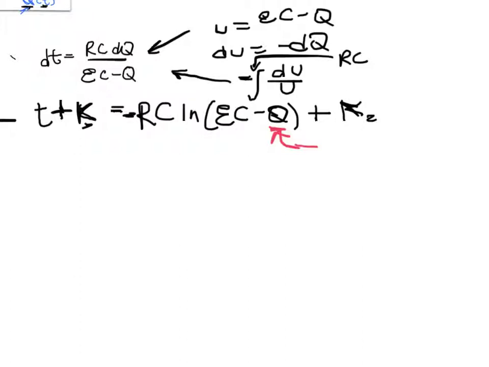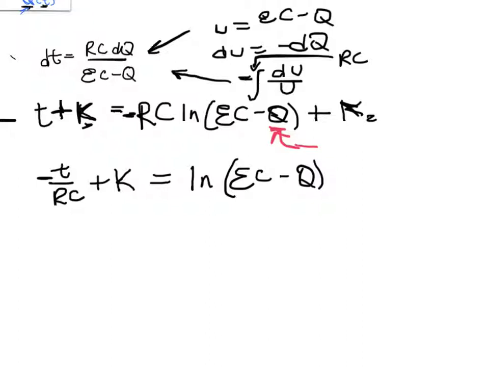Okay, so I'm going to bring the RC over, and so I'm going to get negative t over RC plus K. Wait, don't I have to divide the K by negative RC? Yeah, but this is a new K, and by the law of persistent arbitrariness it's just K. And the ln of EC minus q.